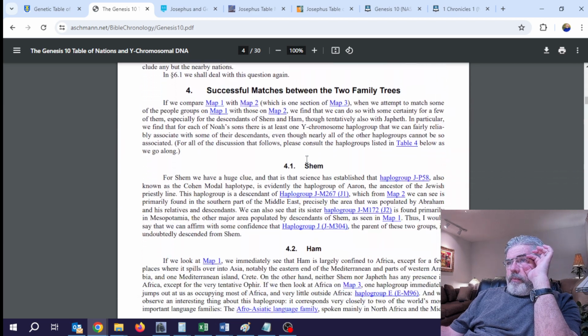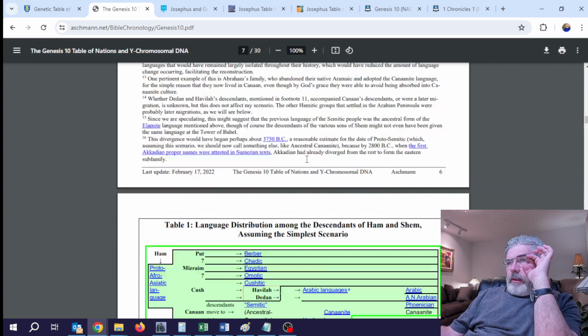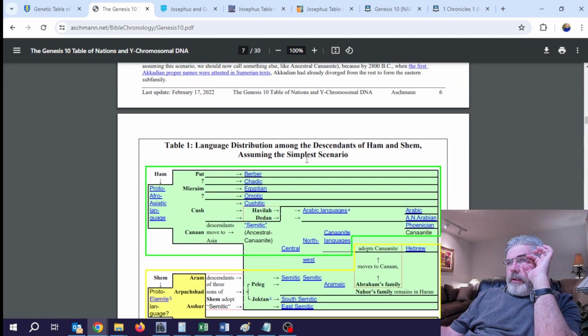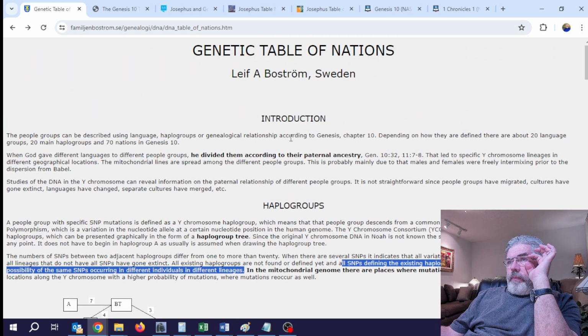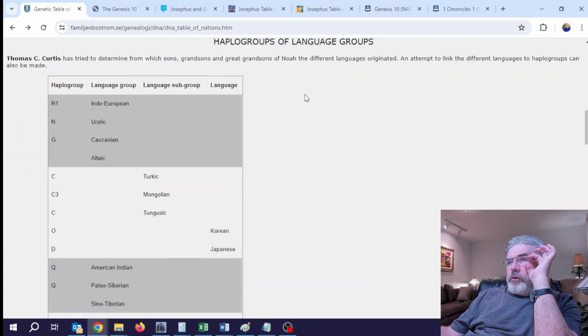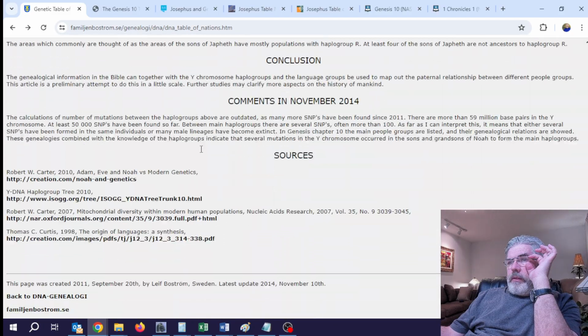And so pretty fascinating stuff. And again, I would highly recommend reading this article from Leif A. Bostrom, and looking at his research and how he breaks everything down.